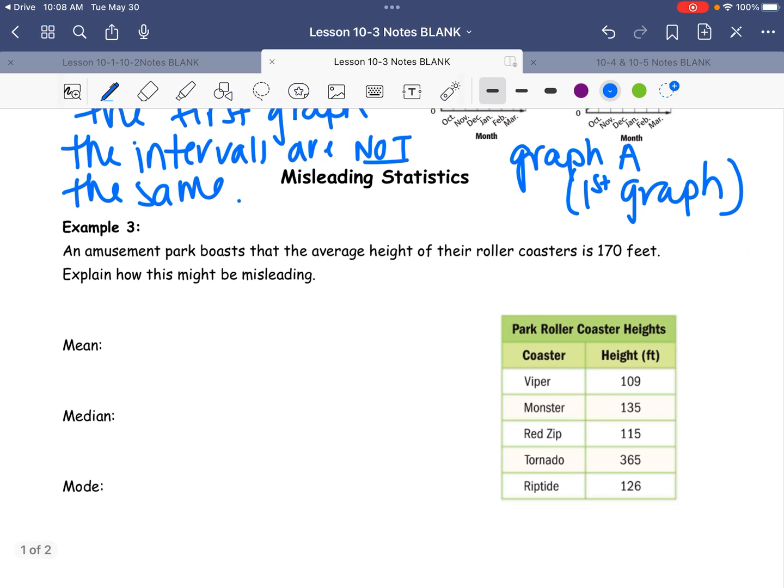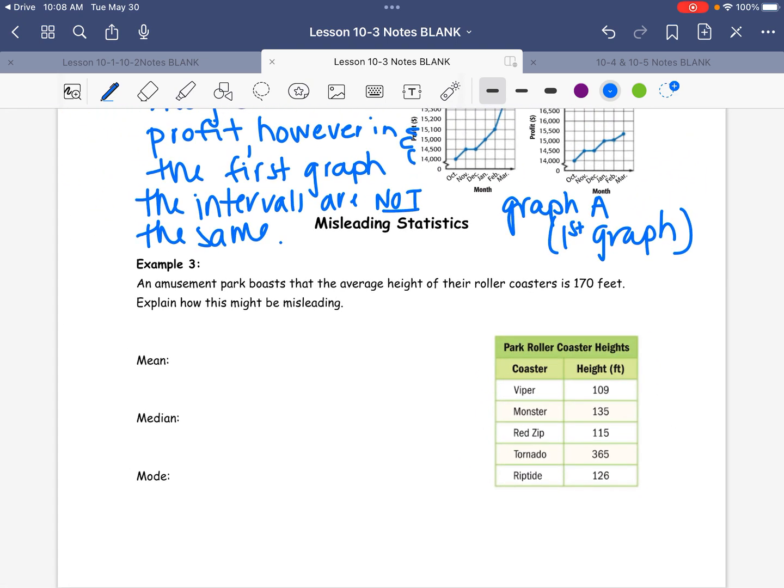In example number 3, it says an amusement park boasts that the average height of their roller coasters is 170 feet. Explain how this might be misleading. The Viper is 109, the Monster is 135, the Red Zip is 115, the Tornado is 365, and the Riptide is 126. We're going to find our mean, median, and mode.